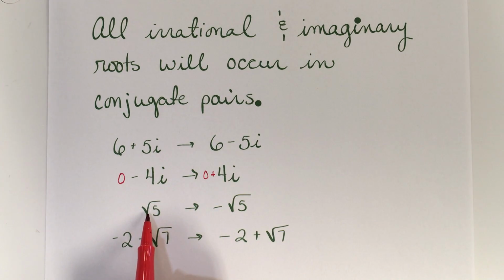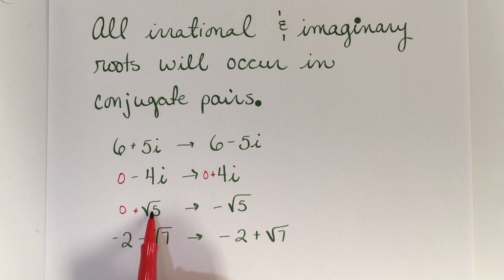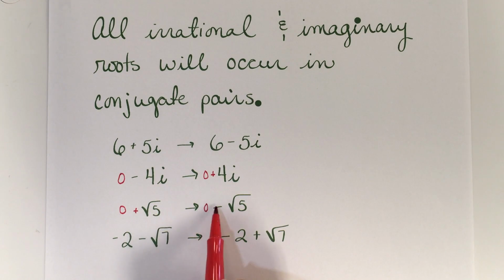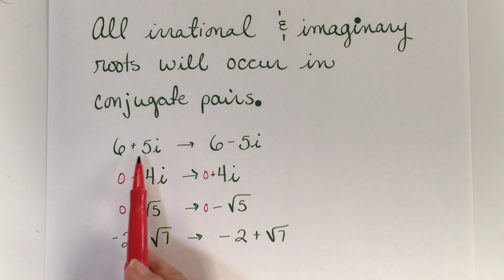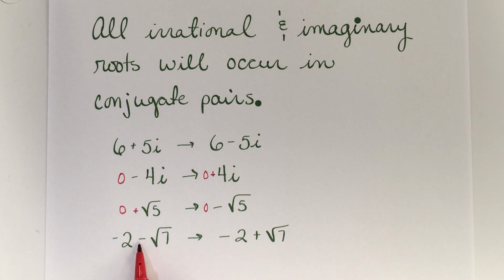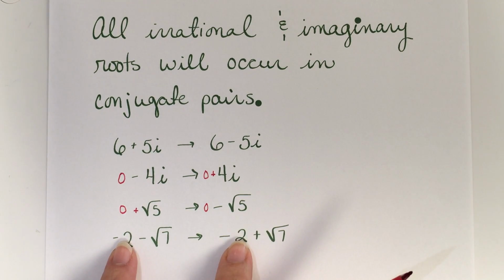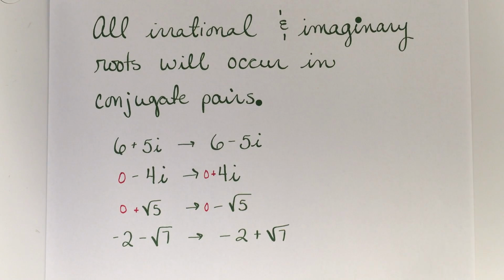Same thing here. This would be the same as saying 0 plus square root 5, so the conjugate would be 0 minus square root 5. When you have just the one term, it looks like you're just doing the opposite. But when you have two terms, you're only going to change the sign that's in the middle. Down here, I just changed the minus sign between these two to a plus sign. You don't change both terms. See, my -2 stays the same.